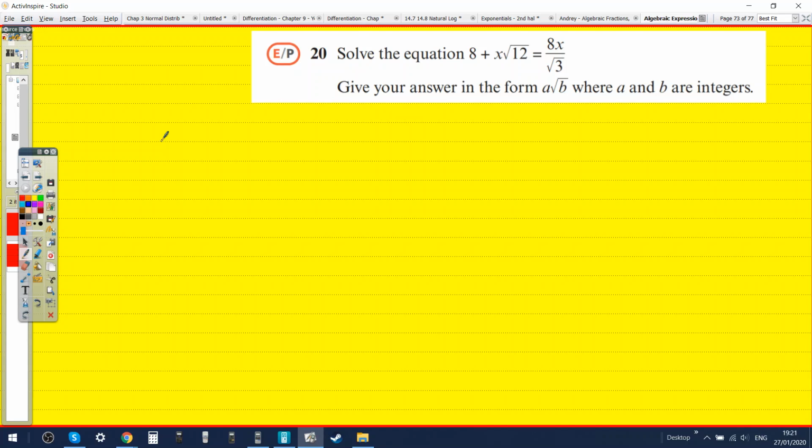So first bit, make x root 12 different. Nope.